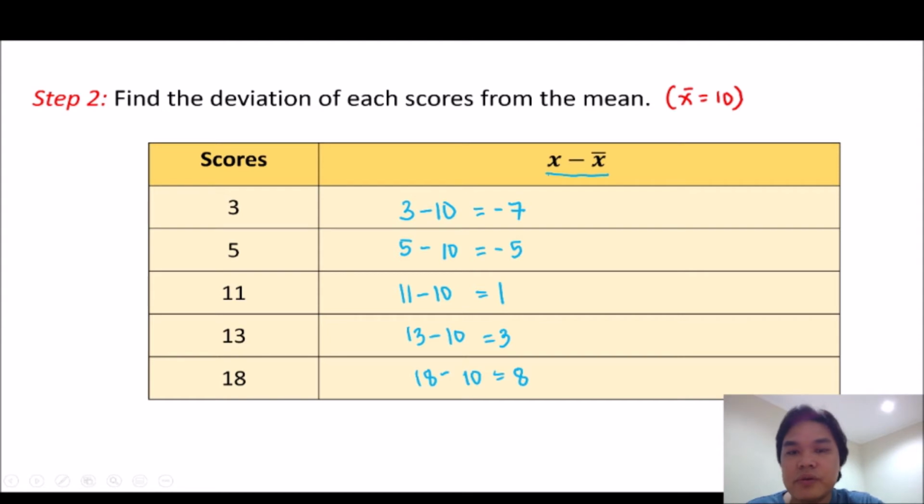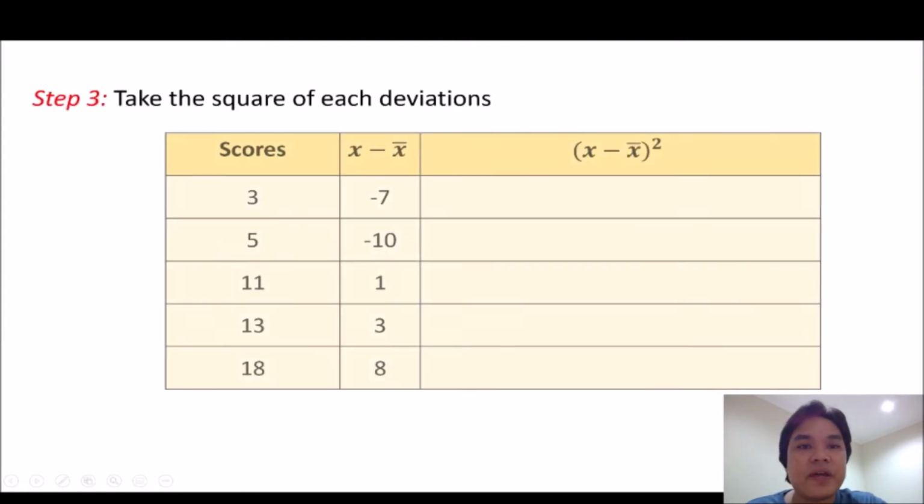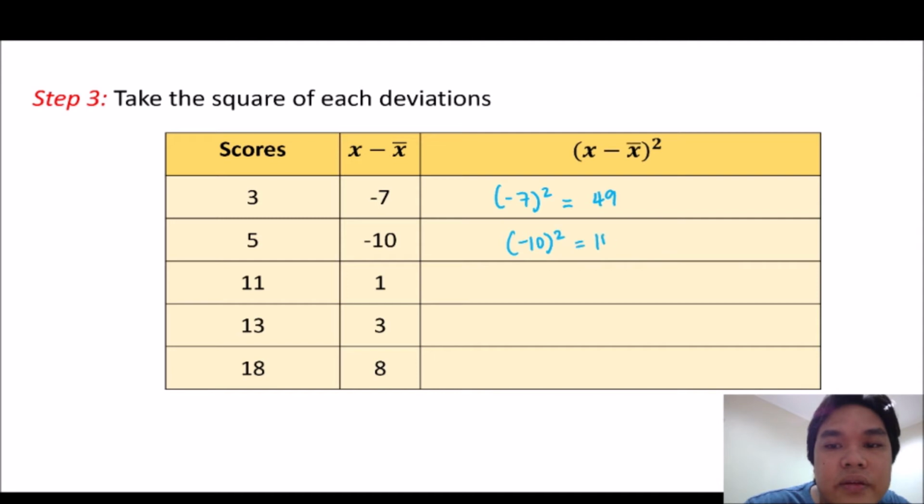What we will do next is to square all the deviations. So negative 7 squared is 49. Negative 10 squared is 100. 1 squared is 1. 3 squared is 9. And 8 squared is 64.